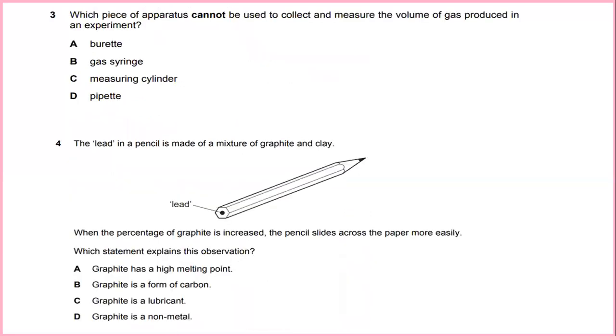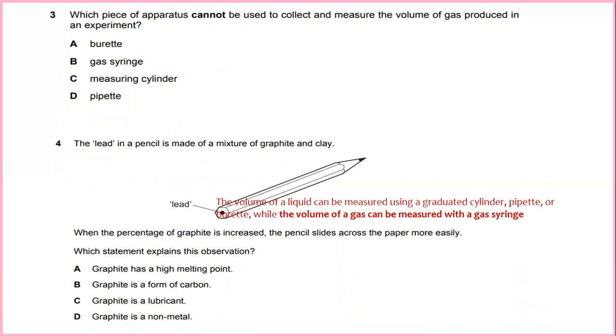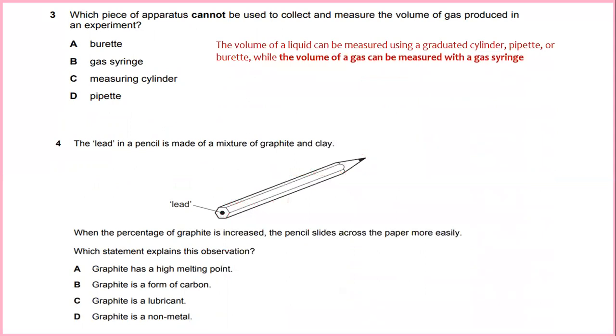Which piece of apparatus cannot be used to collect and measure the volume of gas produced in an experiment? The volume of a liquid can be measured using a graduated cylinder, pipette, or burette, while the volume of gas can be measured with a gas syringe.